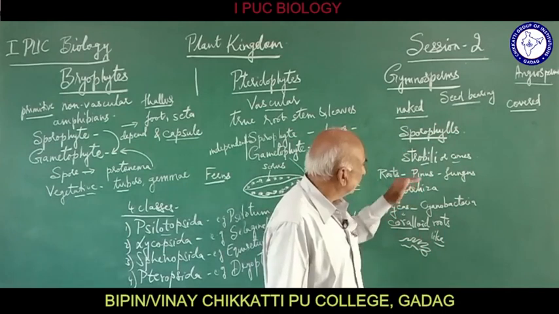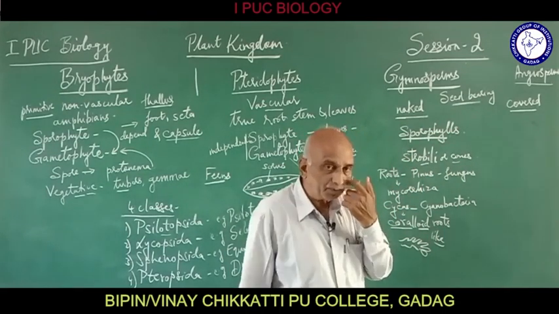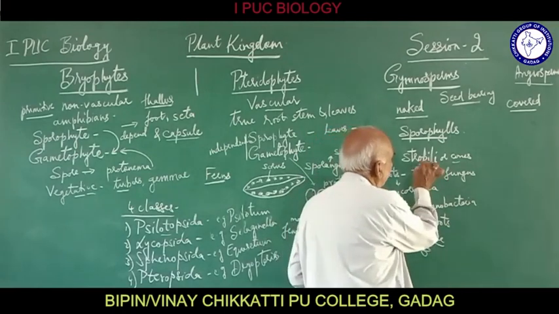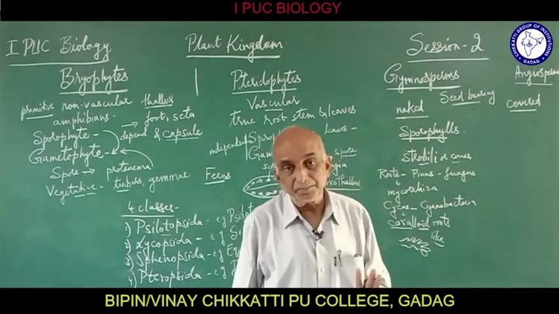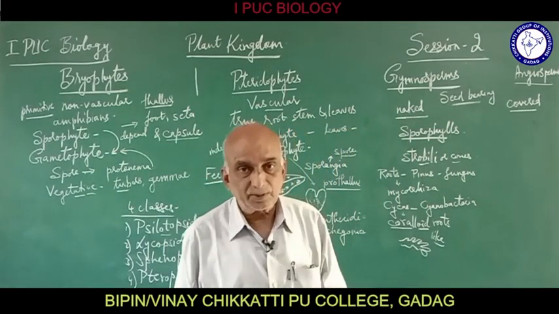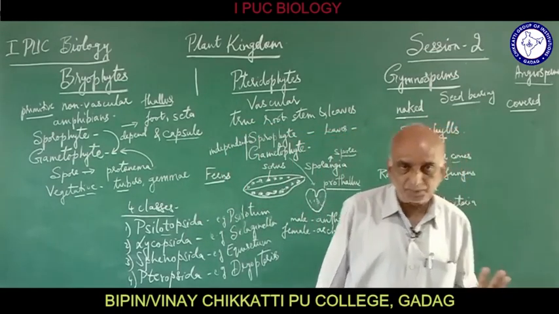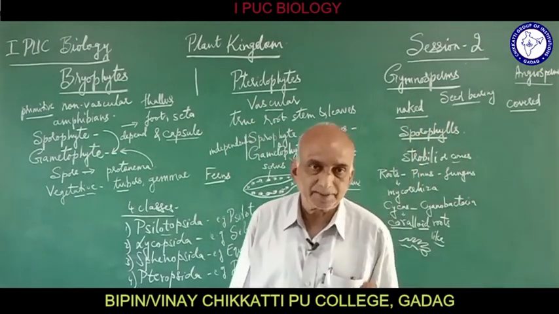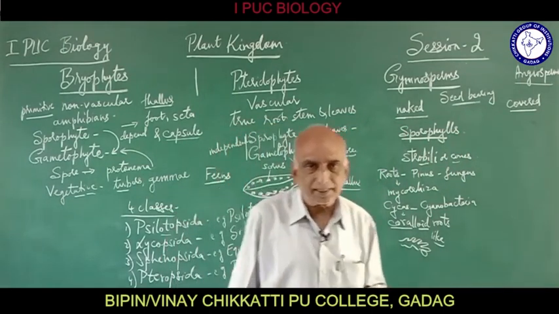Then coming to the reproduction, the strobili are of two types, the male and female strobilus, the male and female cones. So the male cone is actually called as microsporophyll, the female is actually the megasporophyll. So these megasporophylls are seen, and they produce the naked seeds.